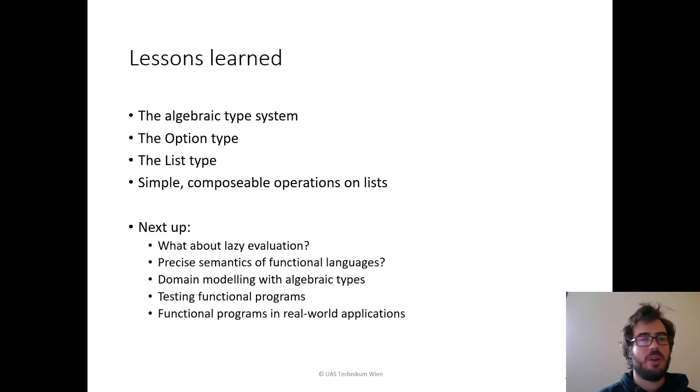What about modeling domain logic and describing domains by using algebraic types? This is really a great one, and we'll see this in a few lectures. Also, we will talk about testing programs and how to integrate functional programs in real-world applications so that each paradigm benefits from the other one.